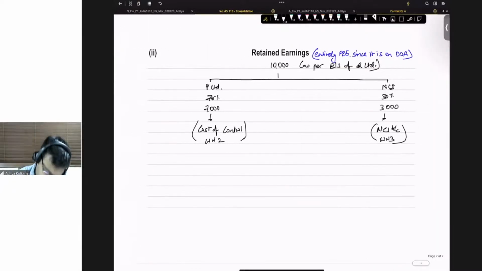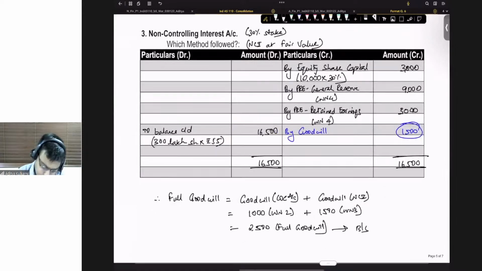Now, see, if this data was not given, that is fair value of NCI was not given, then goodwill would appear at how much?